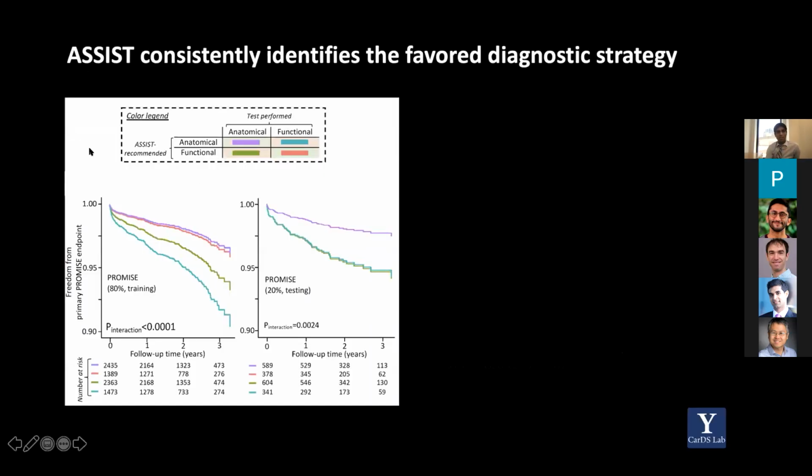If ASSIST recommended anatomical testing or ASSIST recommended functional testing, and they actually underwent the anatomical testing, which is the purple line, or the functional testing, which is the red line, versus the green and the teal lines, those who had the test that was recommended, concordant with the ASSIST tool, had a much better likelihood of event-free survival, or survival free of adverse cardiovascular events.